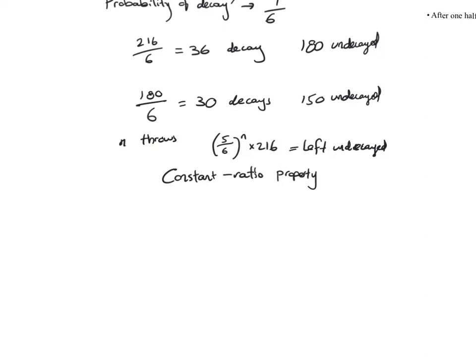So this is very similar to how a radioactive sample behaves. Now there are differences, obviously, because it's a model. In the case of radioactive substances, you're not going to have only 216 unstable nuclei. You're going to have trillions and trillions of them.